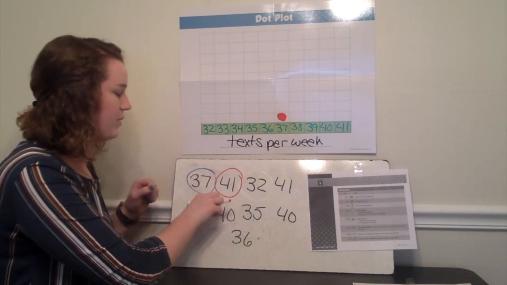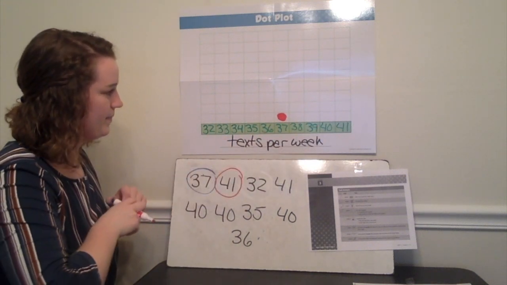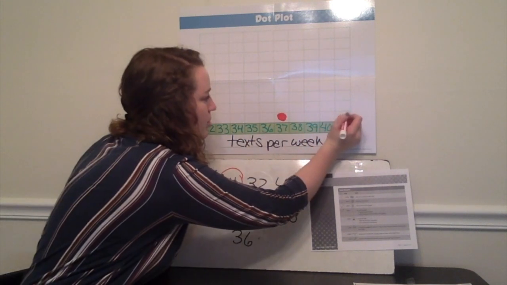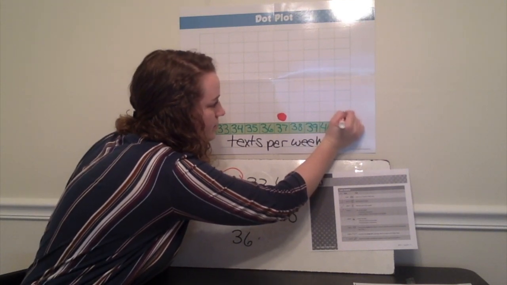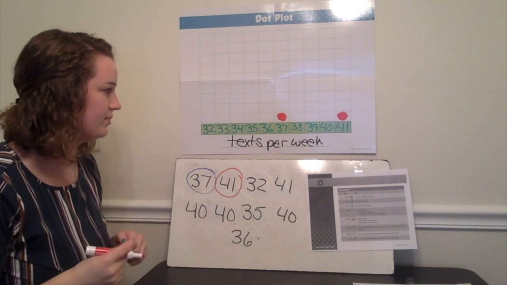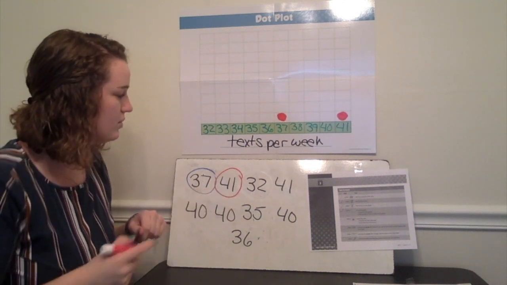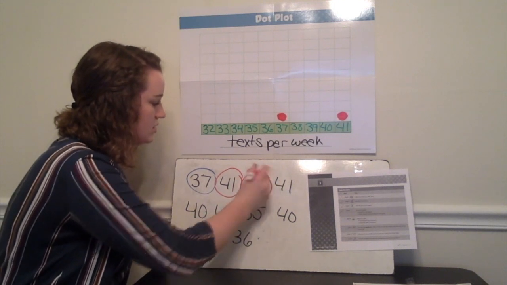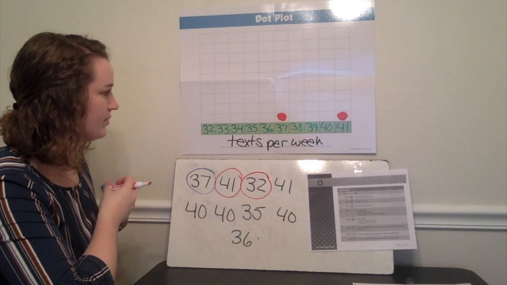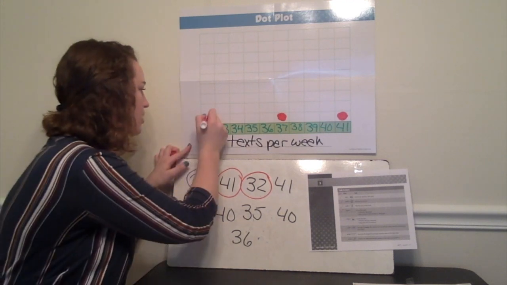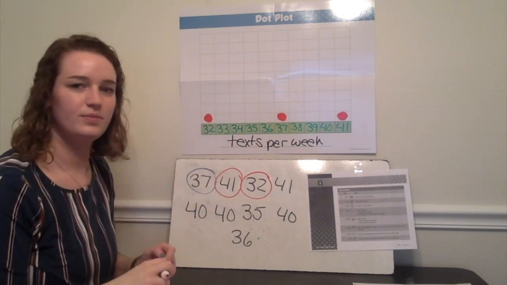We have 41. So go find 41. And we're going to put a dot right above that one. Our next number here is 32. So we're going to take our 32 and find 32 on here. And we're going to draw a big circle right above 32.